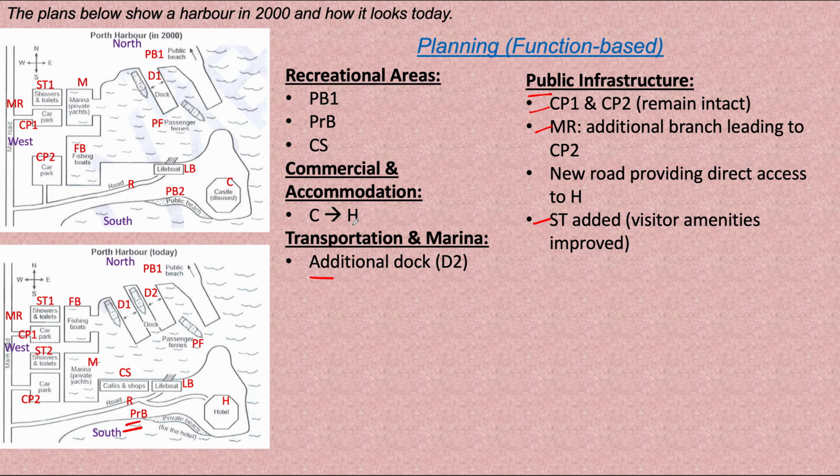For commercial and accommodation, we have the new hotel which has replaced the castle, and even the cafes and shops can fall under the category of commercial, but they are also under the category of recreational areas, along with the two beaches, the public beach and the private beach from the second map.